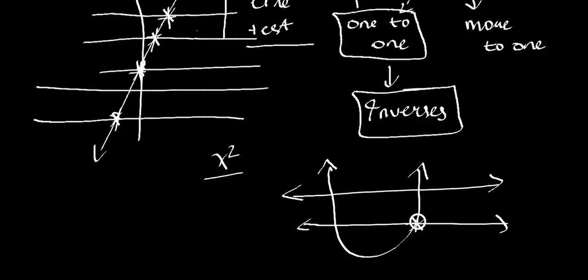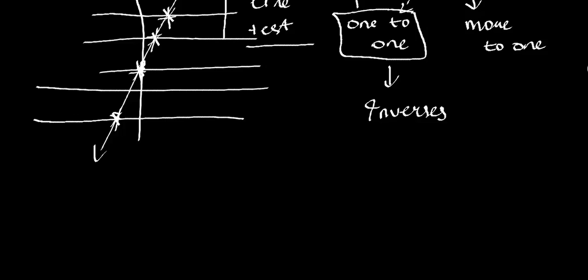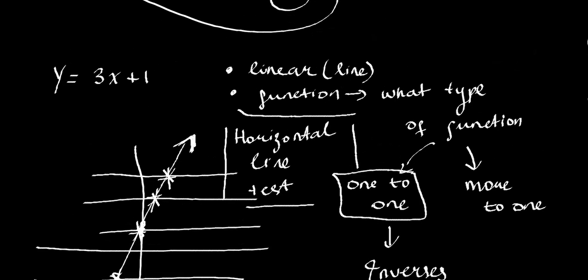Now the line touches the function 2 times. Uh-oh, that's not good. Same here. Since it touches it 2 times, it's a more-to-one. We don't like those, well, in regards to inverses. So we want to be working with one-to-one functions. That's the deal with that.